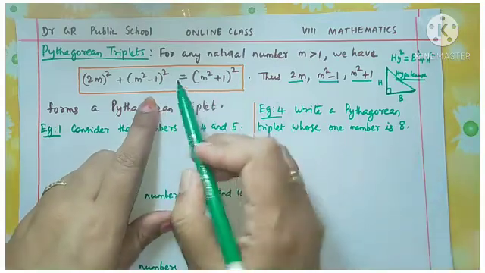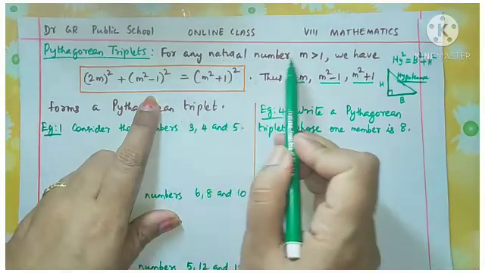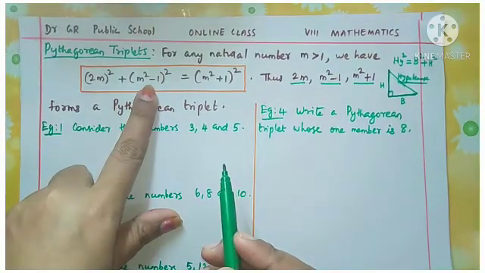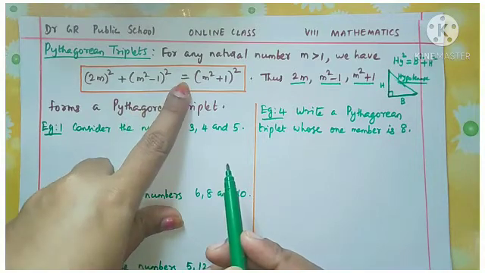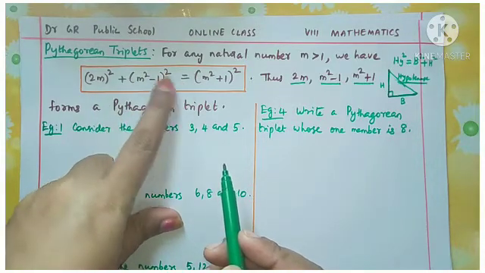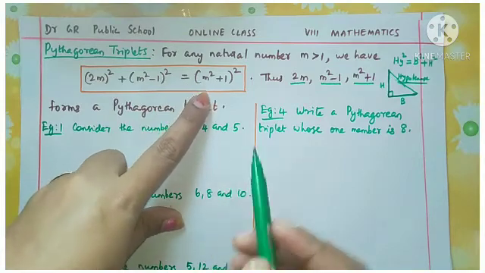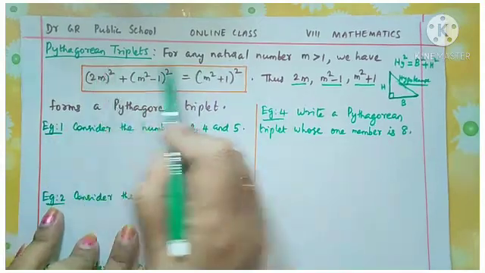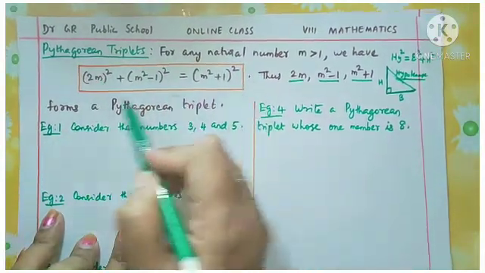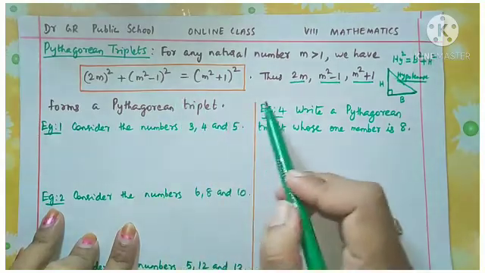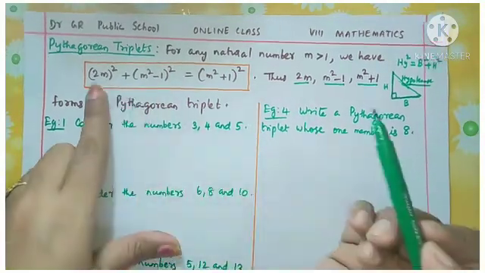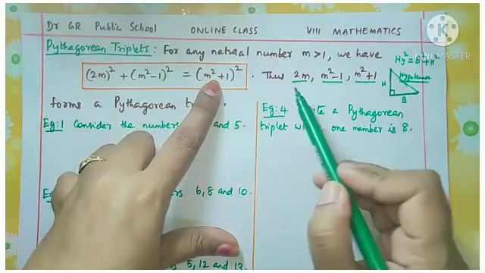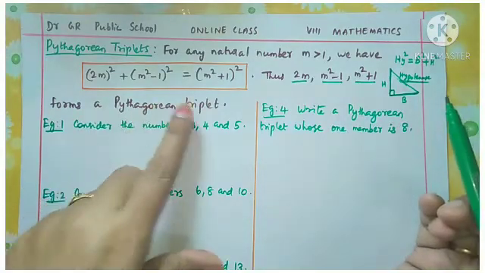Once again I am reading: for any natural number m greater than 1, we have (2m) the whole square plus (m square minus 1) the whole square is equal to (m square plus 1) the whole square. When we can satisfy this result, we will say these three numbers, 2m, m square minus 1, m square plus 1, form a Pythagorean triplet.